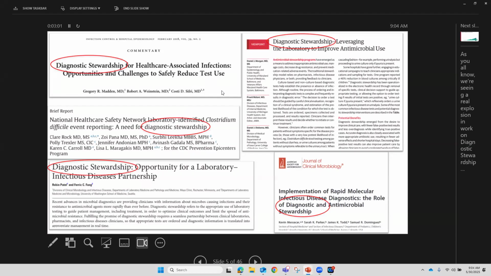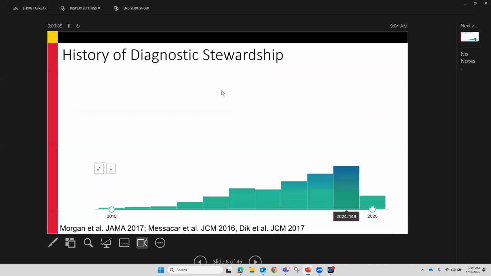So there have been a lot of publications on this. It's definitely a growing area. The term has been used more, and it really is kind of a new field. It really started around 2017 or so, at least the term started to grow, and I think part of that's because testing is a relatively new phenomenon.